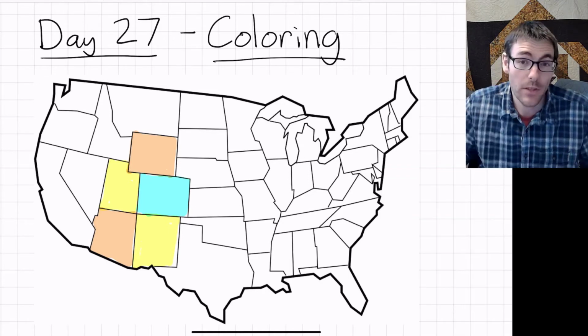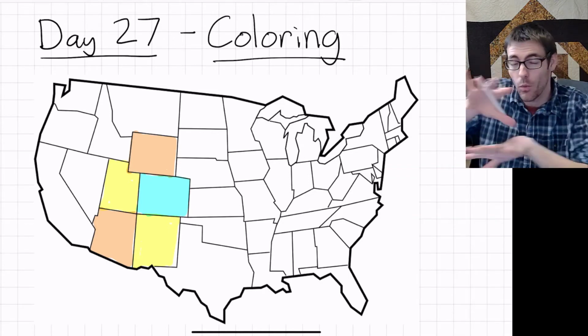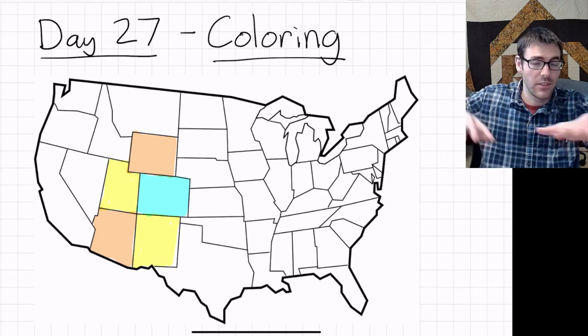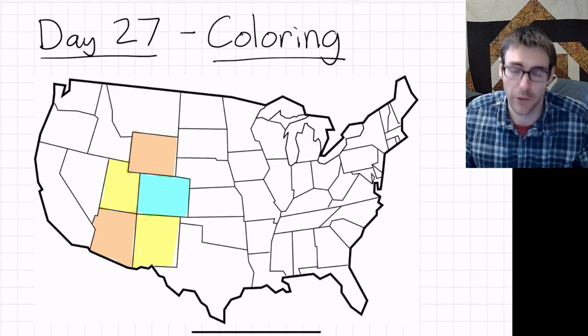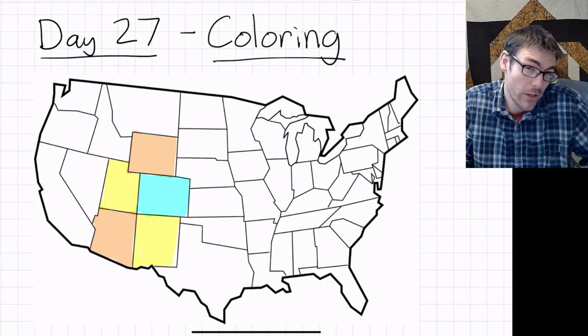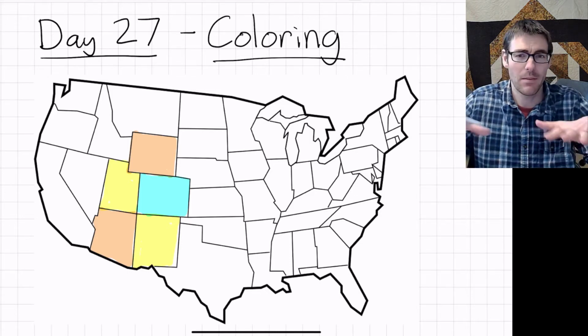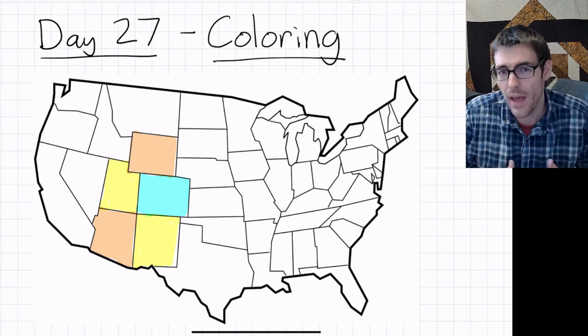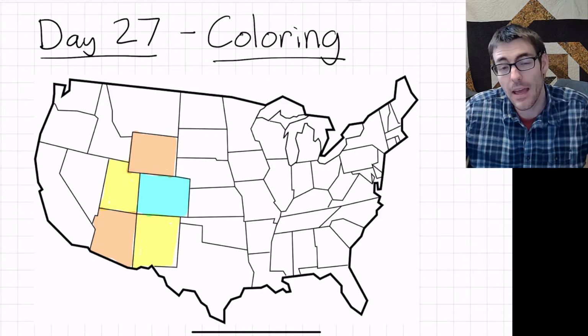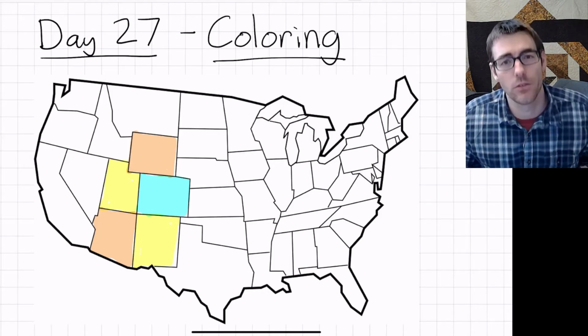So we could continue this process, and maybe along the way there is some arrangement of states or regions that forces us to use a new color, maybe a fourth color. And we could conceive of a situation where, hey, maybe we then need a fifth or a sixth. So one question that we have is, given a map, how many colors do we need?